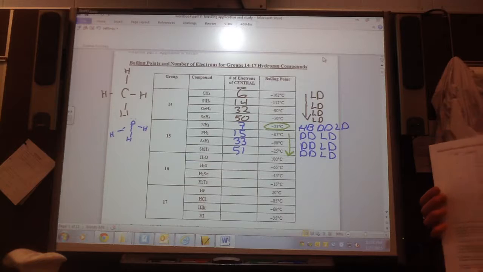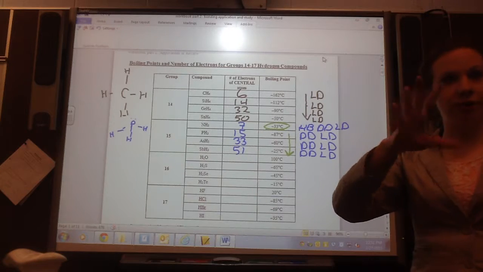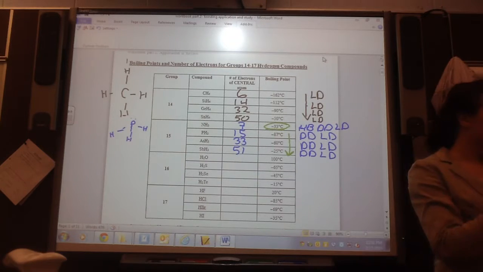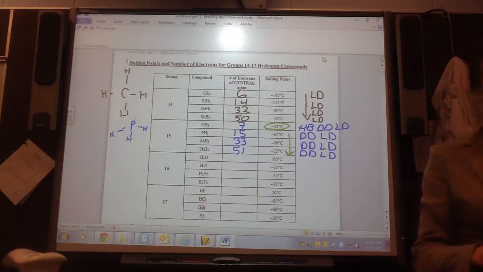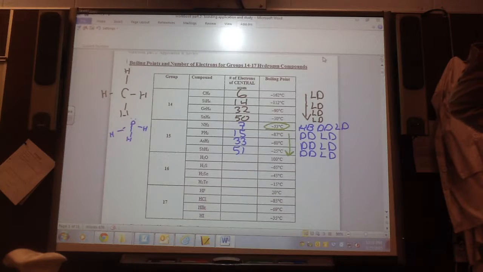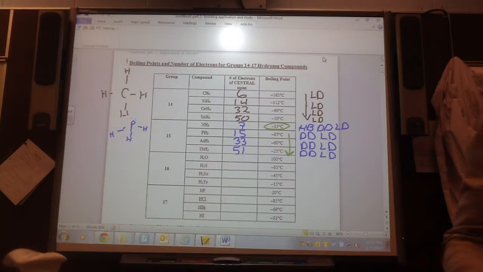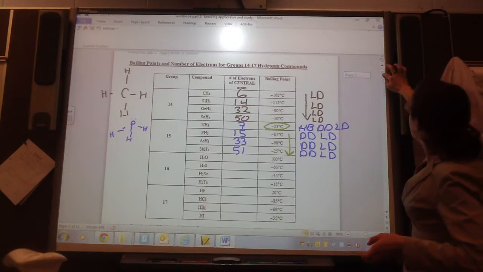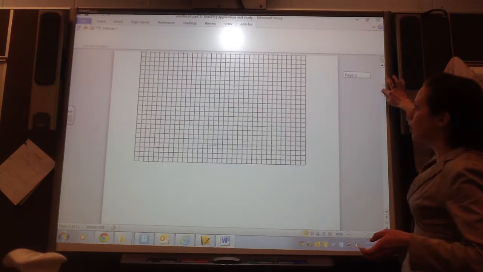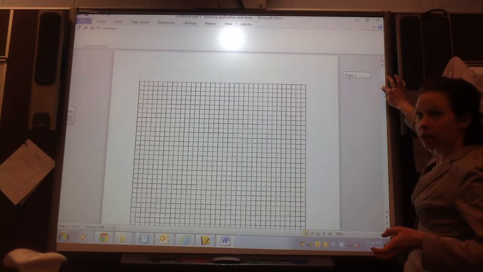Okay, you're going to graph this, and that helps you to visually see the patterns that are going on here. Okay, so that's that one. And then the next one, you're going to be graphing it here.